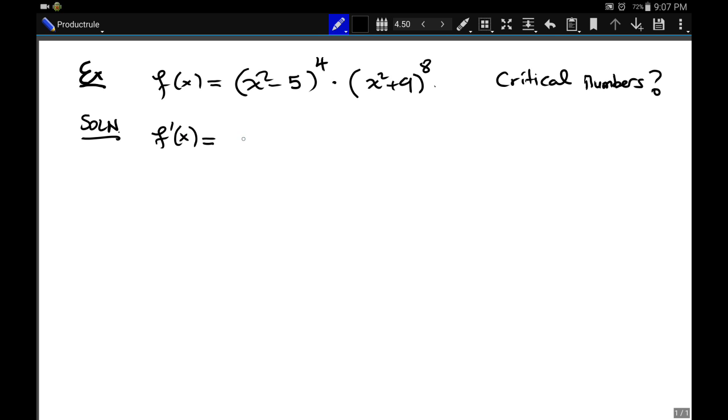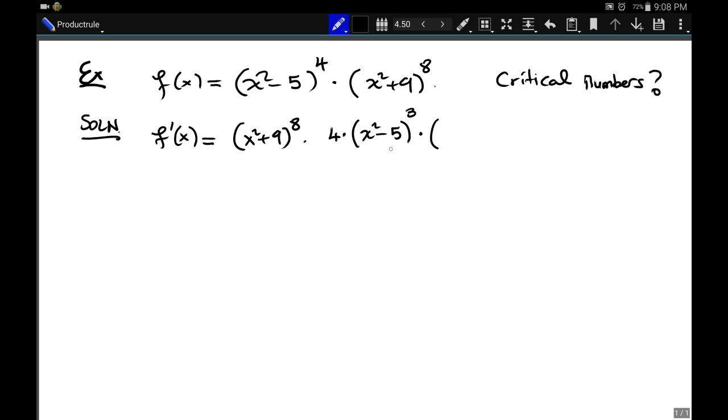Alright, so the product rule: keep the second one to the power 8 and then differentiate the first one using the power rule or chain rule. 4 times x squared minus 5, subtract 1 from the power, and multiply with the derivative of the inside.